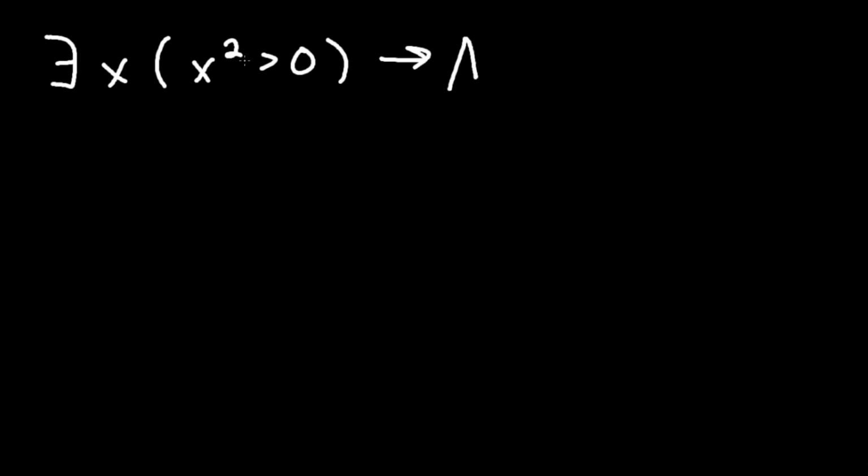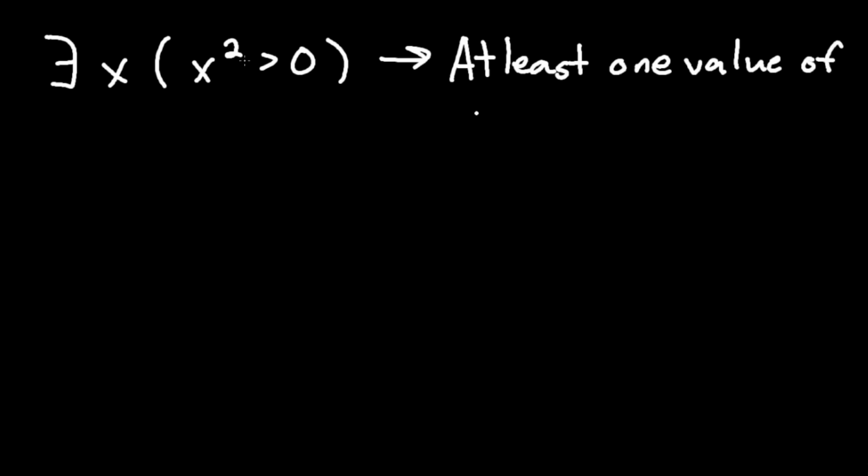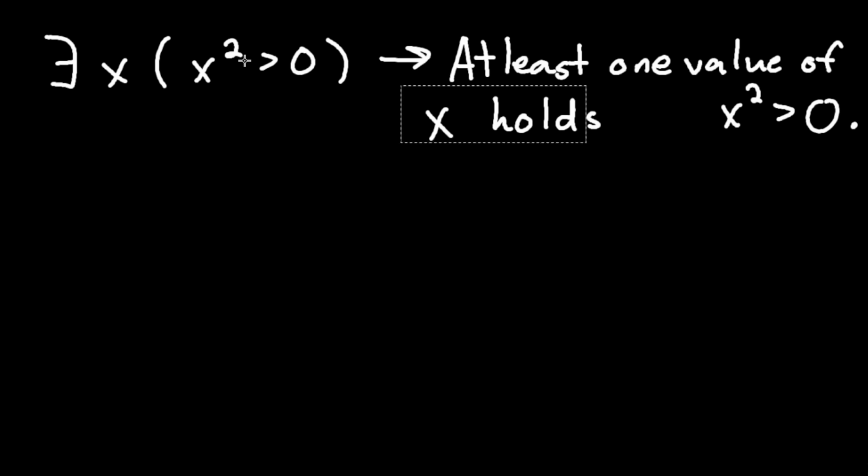Let's say at least one value of x holds true for x squared is greater than 0. I guess I ran out of space, so just imagine holds true here. Actually, I could put holds true. Let's make this consistent. Let's make my teaching not lazy.